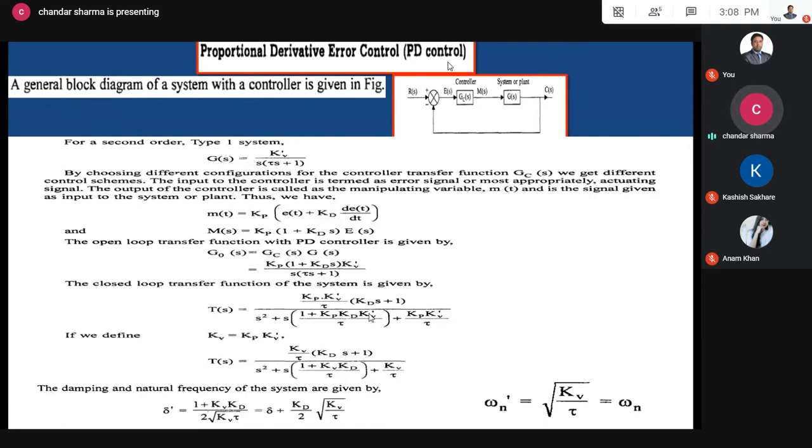And if I substitute this increased value of zeta in the equation of Ts, which is 4 by zeta omega n, if zeta is increased, then T of S is reduced. And similarly, your maximum overshoot is also reduced. So hence we can say that by introducing PD controller, we can improve the transient response of the system.